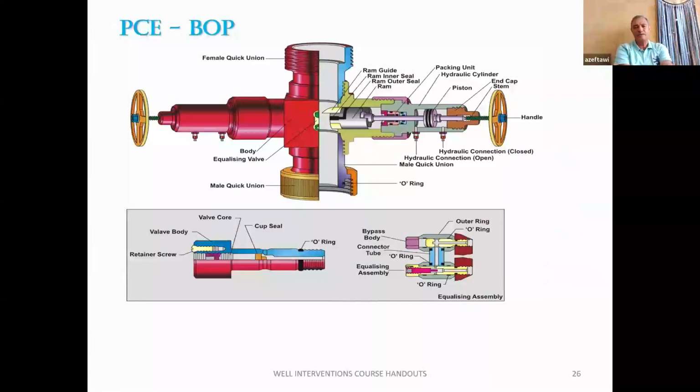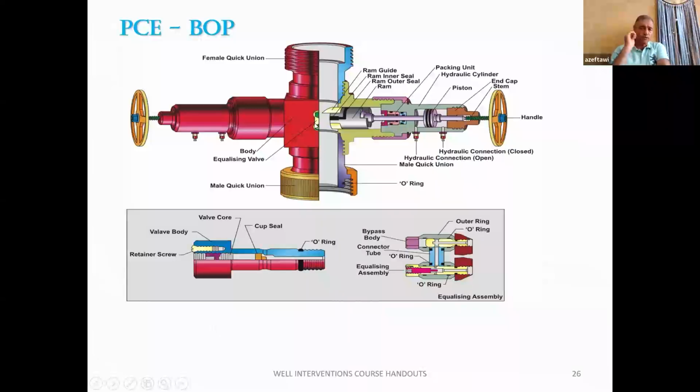Our second barrier is the BOP, blowout preventer. What you see in front of you is a BOP. We call it a single actuator. Any BOP, whether it is single, double, triple, quad, wireline, coiled tubing, or snubbing, you will always notice that we have this equalizing valve.